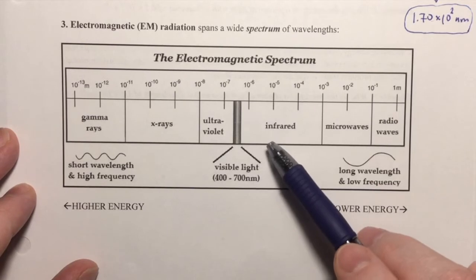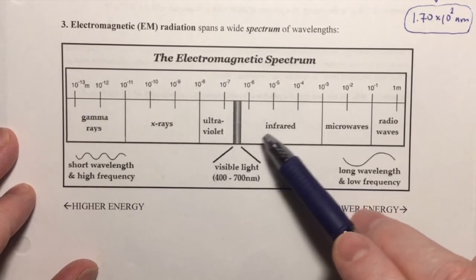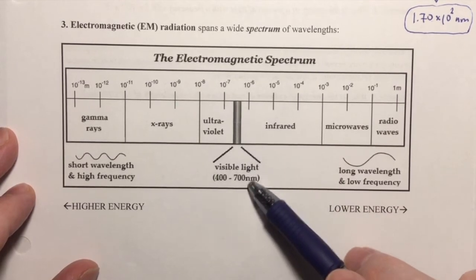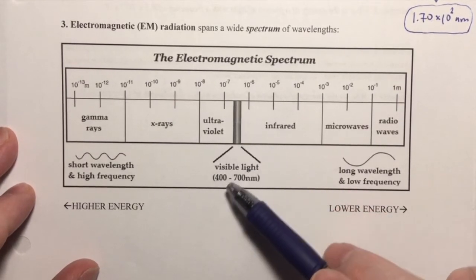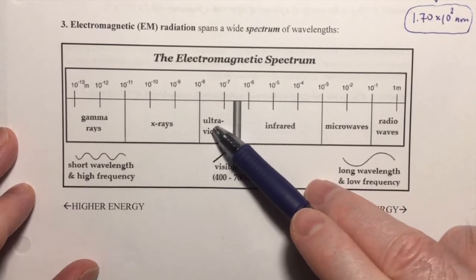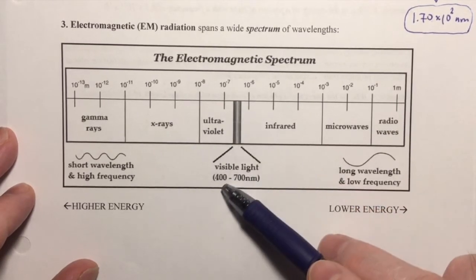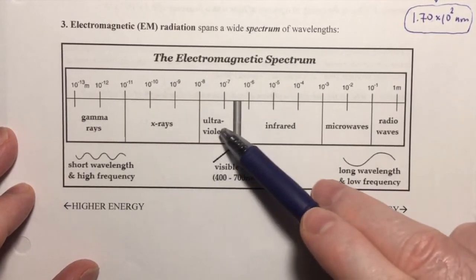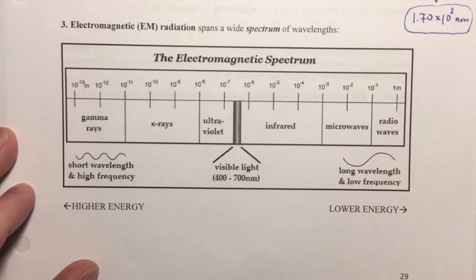So we have infrared, which is below the red, and the red is around 700 nanometers. And then we have ultraviolet, which means beyond the violet, and violet is around 400 nanometers, and ultraviolet has a shorter wavelength than 400 nanometers.